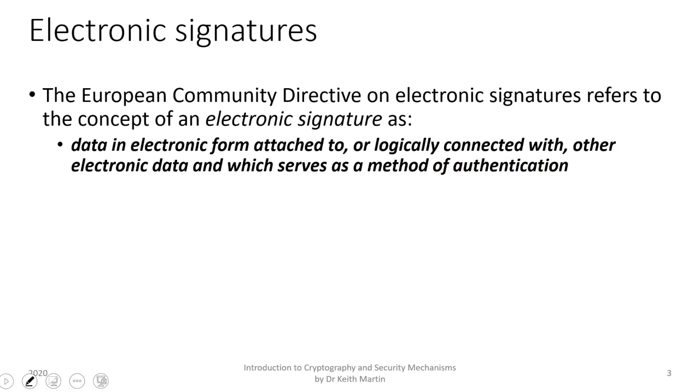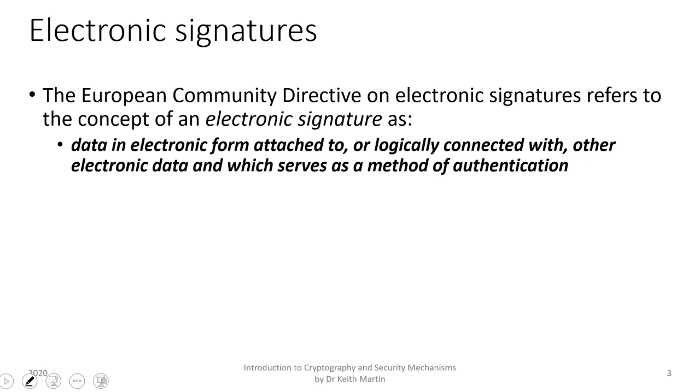So, if we look at a more formalized definition for electronic signatures, coming from the European Community Directive on Electronic Signatures, it defines it as data in electronic form attached to or logically connected with other electronic data which serves as a method of authentication.